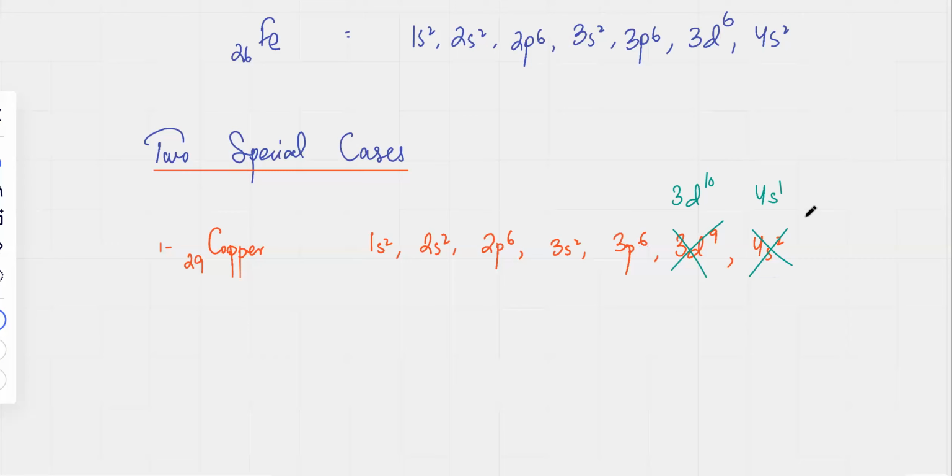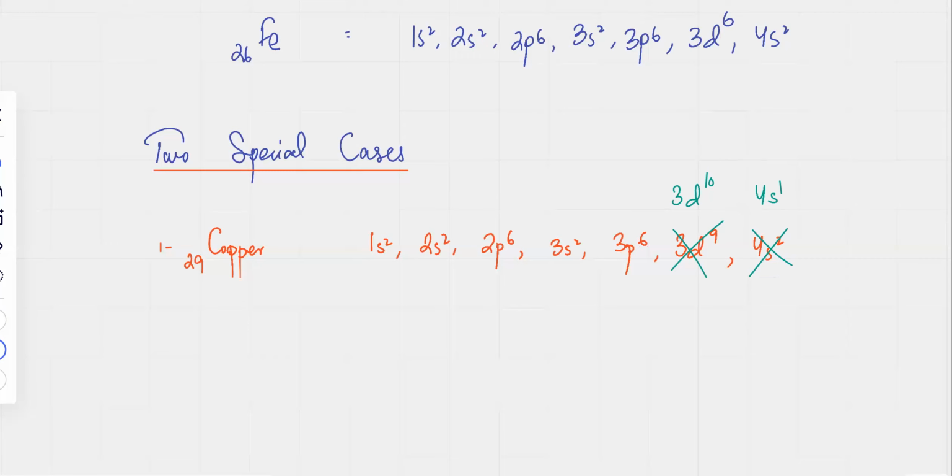They give multiple reasons for that. A completely filled configuration is more stable. So 3d9 is not preferred, but you just have to memorize the electronic configuration of copper. You're not going to get the exact electronic configuration if you follow the table. You have to make this adjustment at the end.